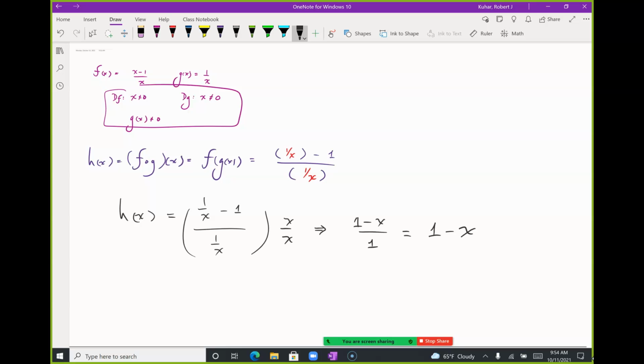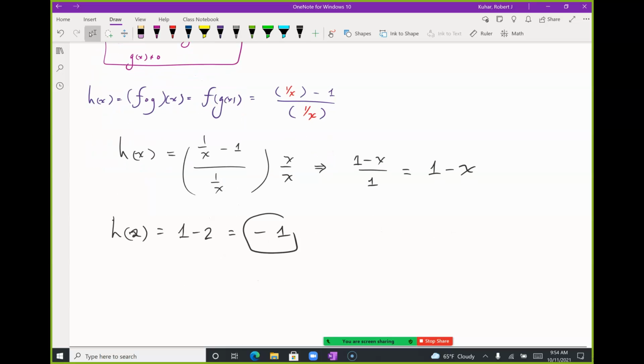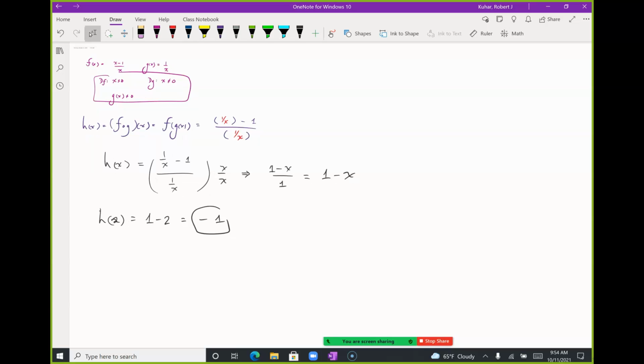Let's pick x is 2. That's not a problem, right? So let's find h of 2. I'm just using 2 again. That's a lucky guess. So what do I get? I get 1 minus 2, which is negative 1. So when I do the composition with 2, I get a result of negative 1. But let's find g of 2.